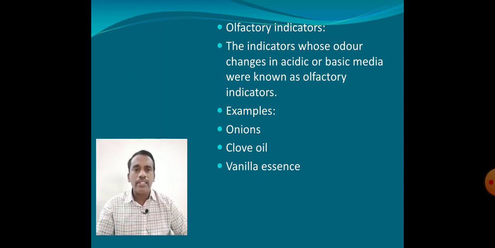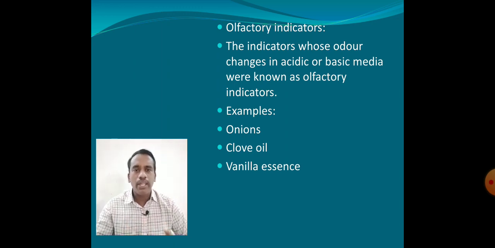And even the vanilla flavor that you use in ice creams, or the vanilla essence that is extracted from the vanilla plant, these are also used to detect the presence of a compound, whether it is acidic or basic. How and what is the end of the reactions we are going to study now.